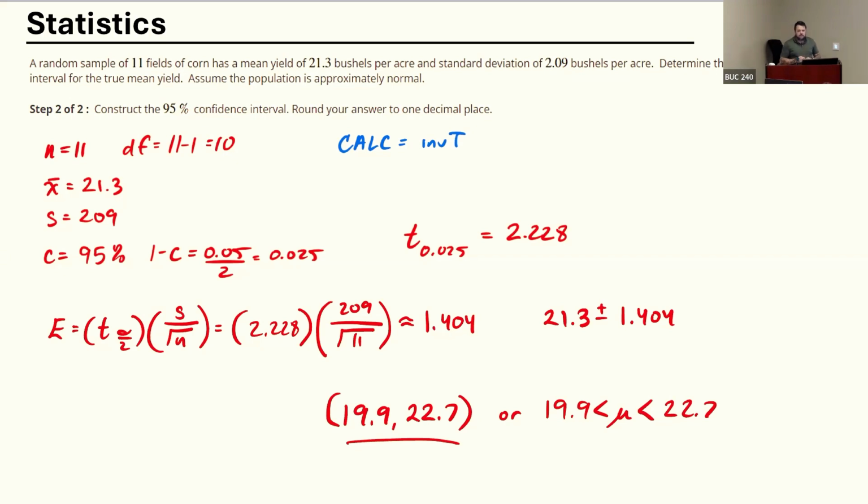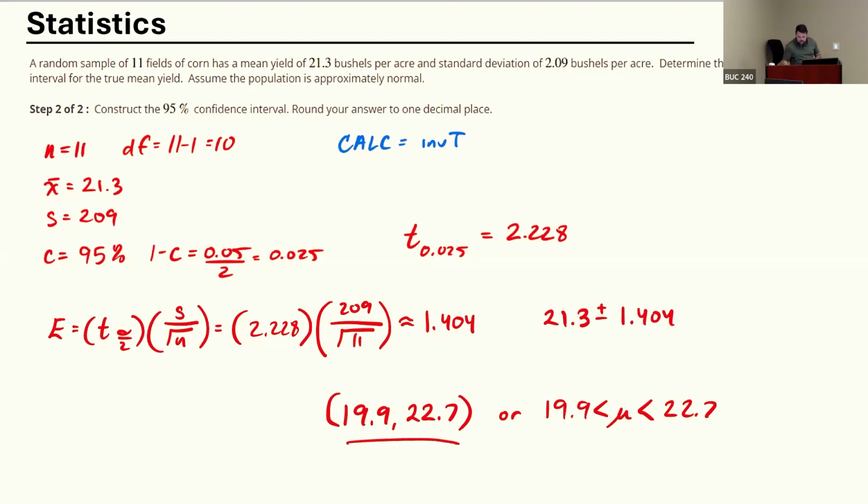First off is going to be your mean, your X bar. Click on this one right here. They give us a 21.3, right? So you can put that in. Then scroll down, they give us a standard deviation, but it's a sample standard deviation. So on this one right here, we put in our 2.09.